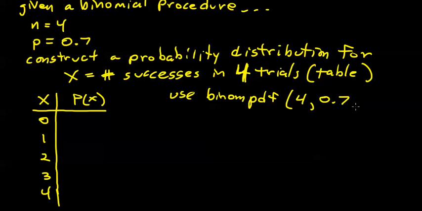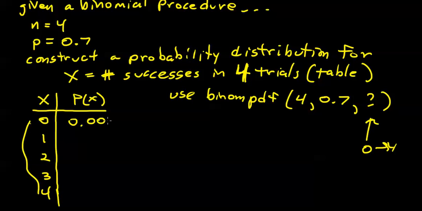The probability of success in any one trial is 0.7, and I'll let x range from 0 to 4. So basically I iterate this formula 5 times to fill in this table. I've already done this. If you grind out the 0 case, I get 0.0081.